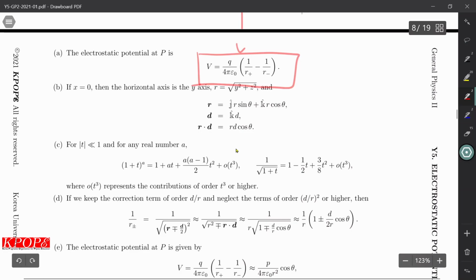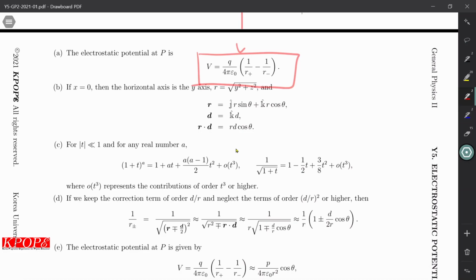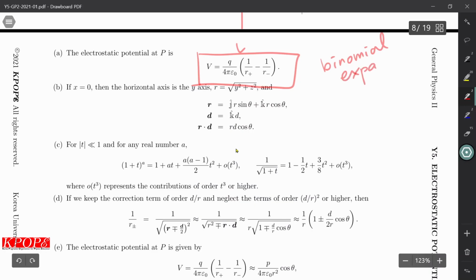Now we can apply the binomial theorem, the binomial expansion.